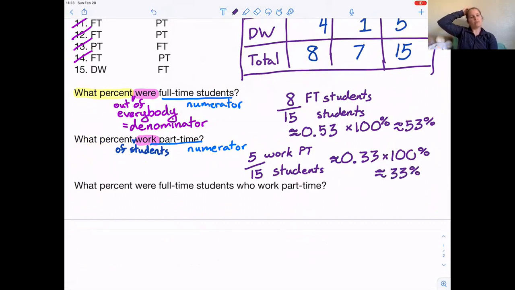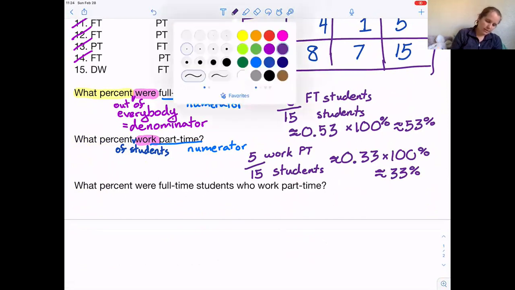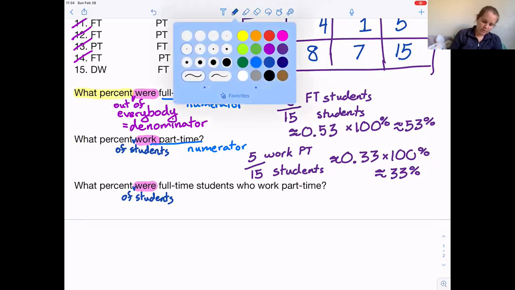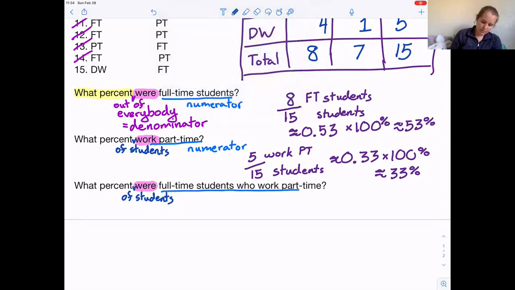And finally, I want to know what percent were full-time students who work part-time. So again, there's a hidden of students. I have my verb. So I am looking just in general at full-time students who work part-time, all in one go.